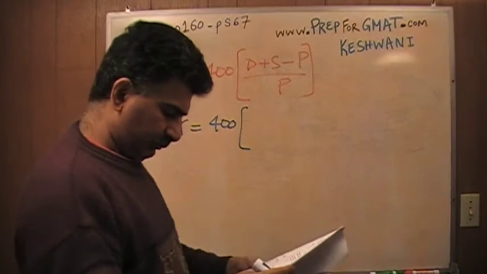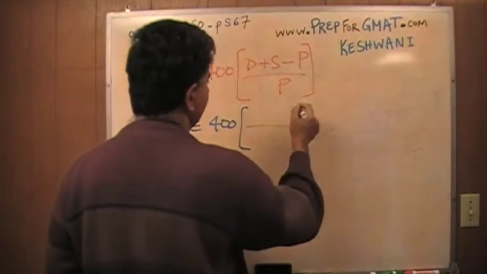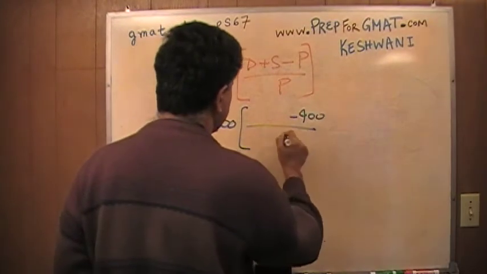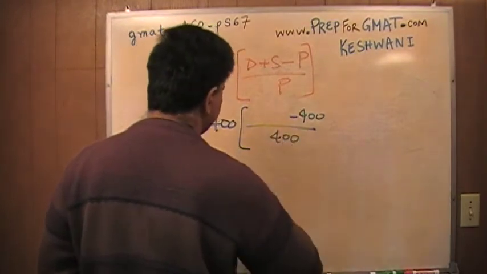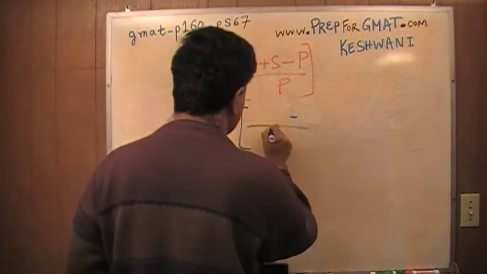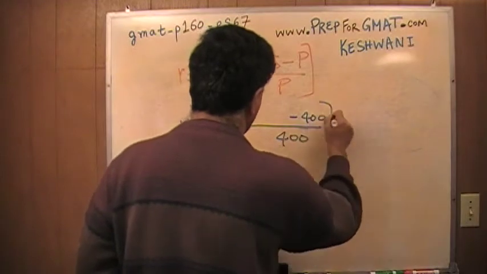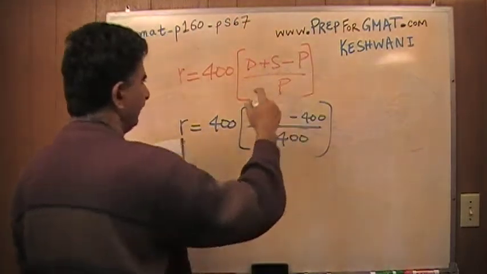Rosa purchased $400 worth of stock. All right. So she purchased it for $400. Wherever I see P, I replace it with 400. That's her purchase price, P, right here.